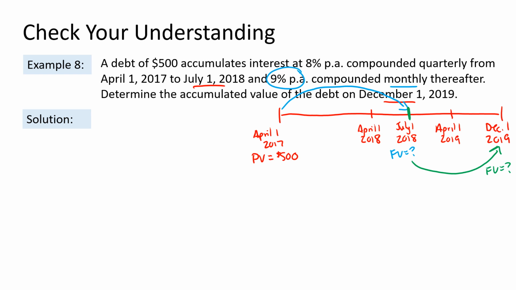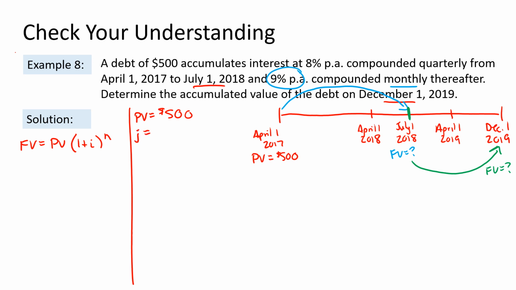So we're doing two calculations again. Our first calculation will be from today to July 1st, 2018. Once again, we're finding a future value. So our future value is equal to our present value times 1 plus the periodic rate of interest raised to the exponent n. Doing a sidebar here, we know our present value is what we started with for our debt, $500.